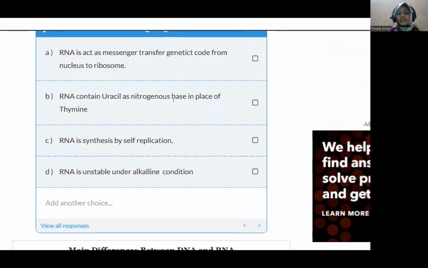RNA contains uracil as a nitrogenous base in place of thymine. Yes, that is correct. And RNA is synthesized by self-replication? No, RNA is always synthesized from the DNA, and DNA is synthesized by self-replication. And RNA is unstable under alkaline conditions. Yes, this one is the correct option.